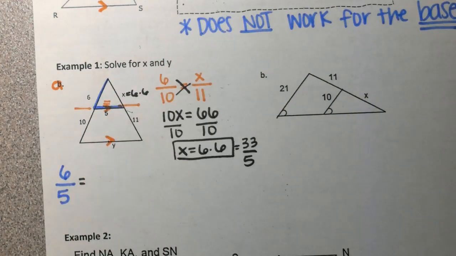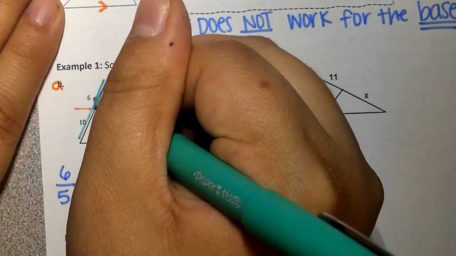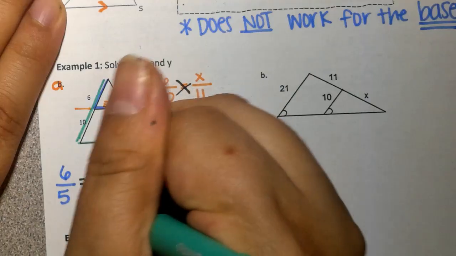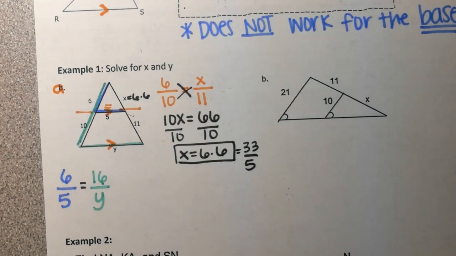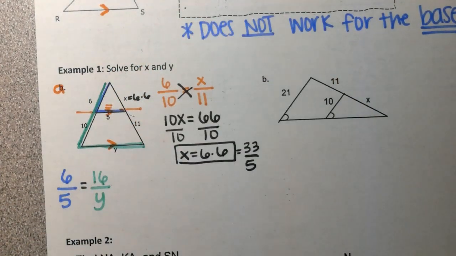Equals, what is the big triangle for my base? No, the big triangle. 16 over y. Do you see how you might get that wrong if you try to do side splitter and you might do 10 over y? Make sure for the base you are doing the little triangle equals the big triangle.